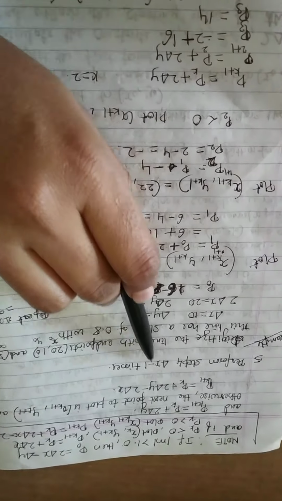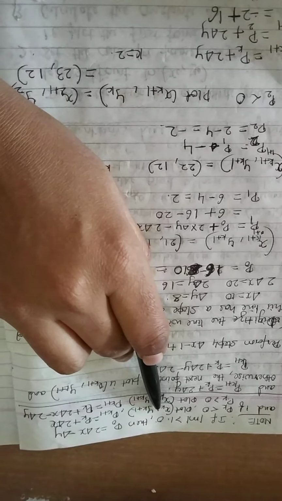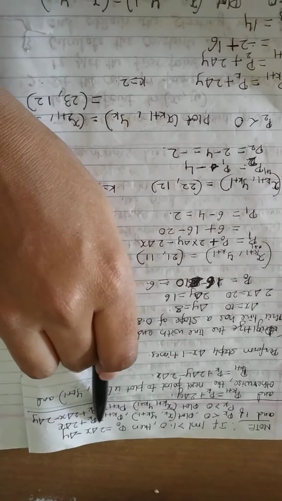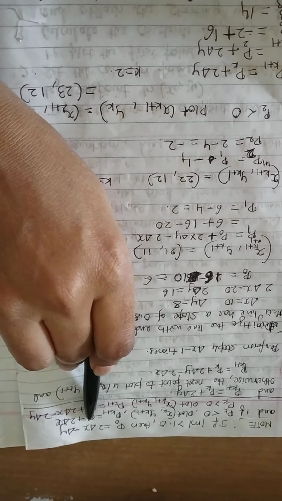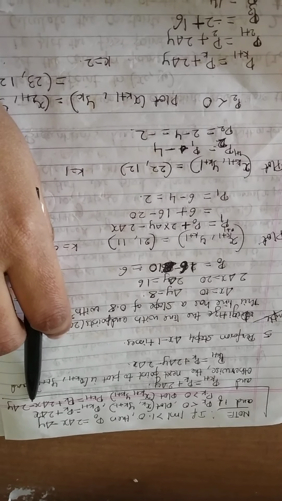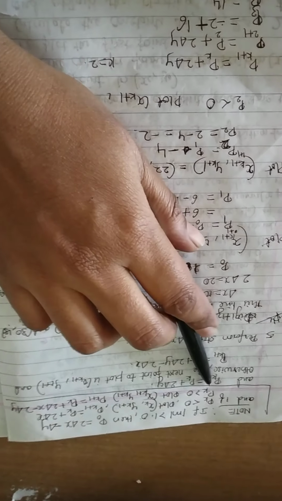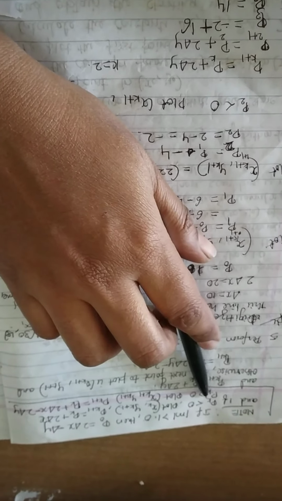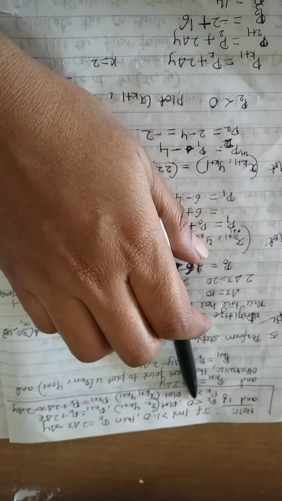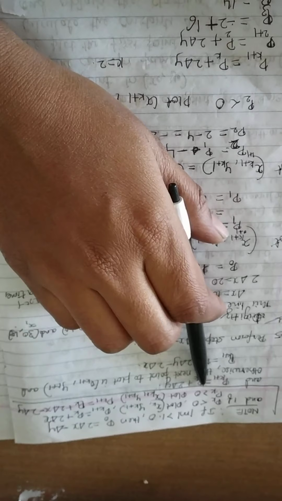If our absolute value of the slope is greater than 1.0, then what do we do? Our initial decision parameter is calculated as 2 delta x minus 2 delta y. And then again you calculate your subsequent values using your pk, whether it is less than 0 or greater than 0.